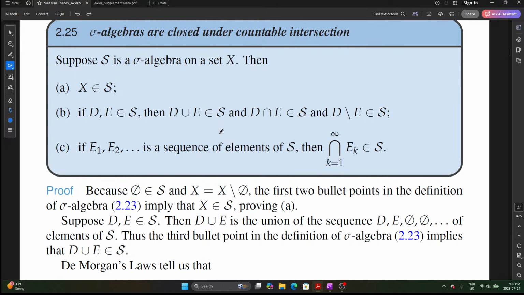So this way the countable union reduces to a finite union, and from closure under countable union you have closure under finite union.